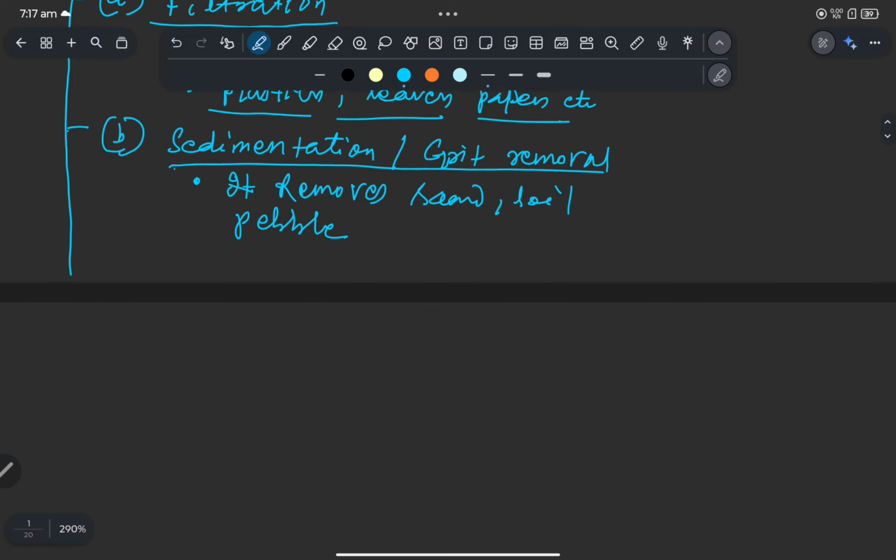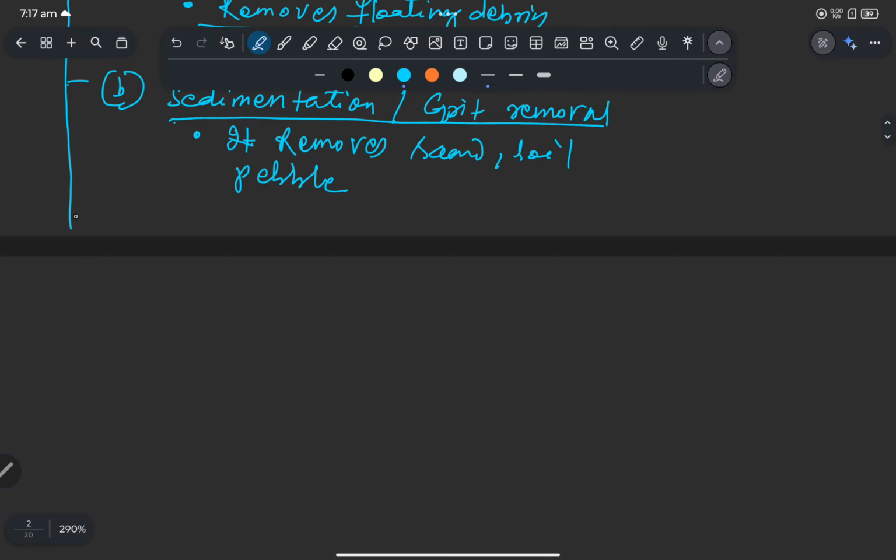After these two processes, what are we getting? After the above process, we are getting two things.